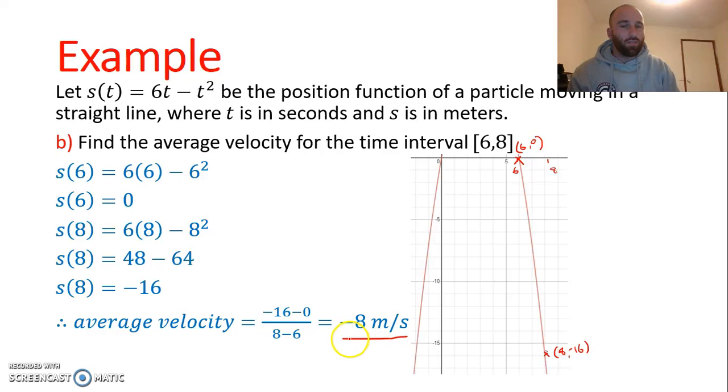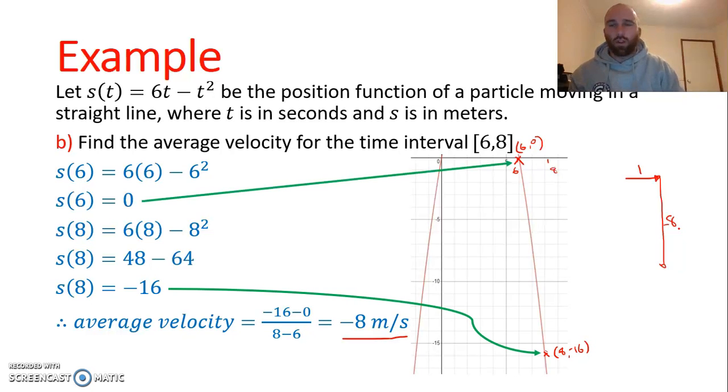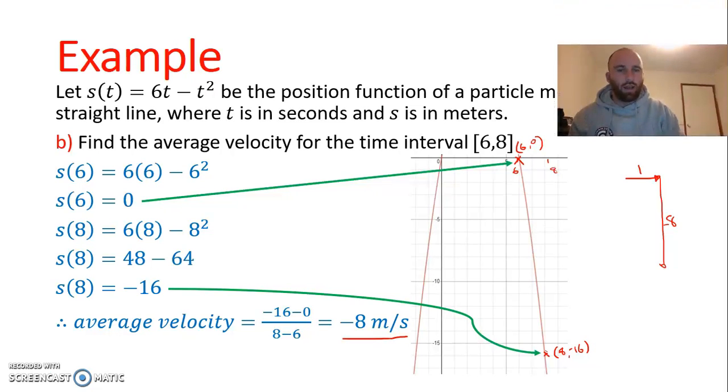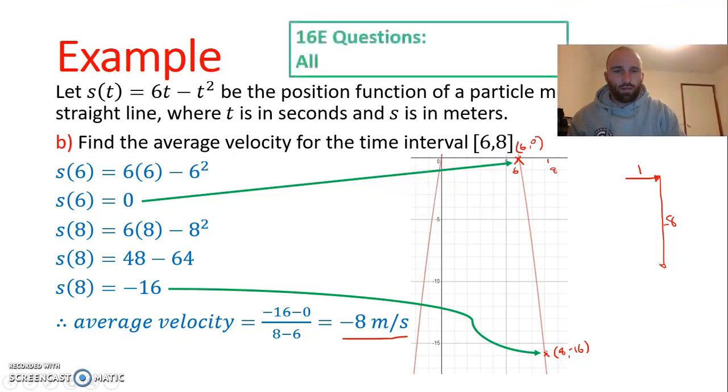So negative 16 divided by 2 is negative 8 meters per second. What that means is, for every 1 second during this time, this person is traveling back, negative 8 meters. I've drawn the arrows across to point out what those two points represent.